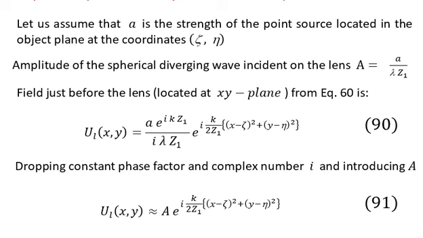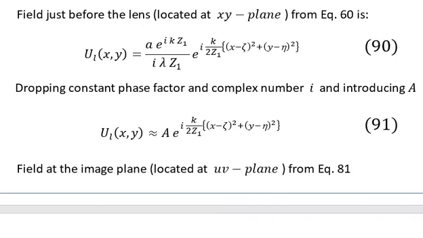Now dropping the constant phase factor and the complex number iota and introducing a over there, we can write equation number 91 as the field just before the lens, approximately equal to a e to the power iota k over 2 z1 multiplied by, within parentheses, (x minus zeta) squared plus (y minus eta) squared.